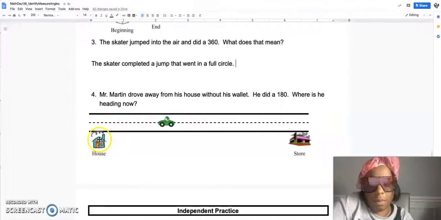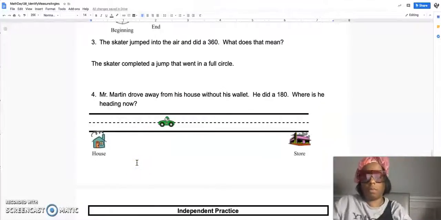He was at home, got in the car, heading to the store. Well, on the way to the store, he discovered that he didn't have his wallet. So he did a 180. Did he turn around in a complete circle? That's 360, right? So if he did a 180, all he did was go back home.